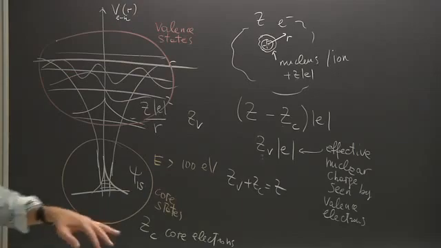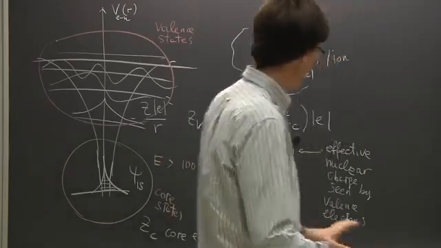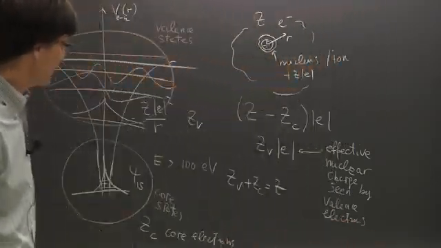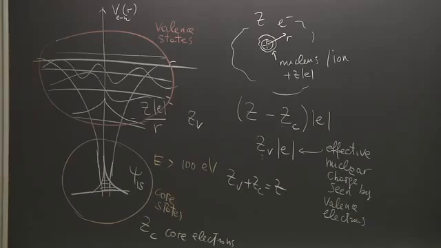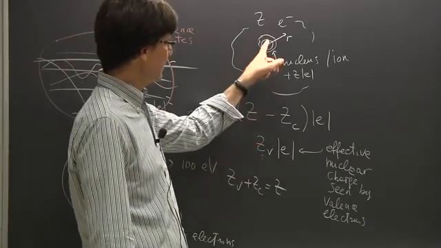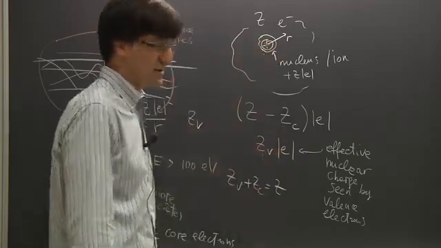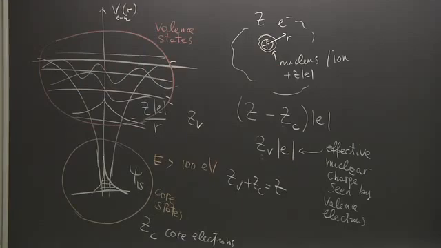So this way we have essentially removed completely the core states. The core states, at this point, we can forget about them. We can just concentrate on valence electrons and assume that these valence electrons are attracted by a point charge with charge ZV times E.